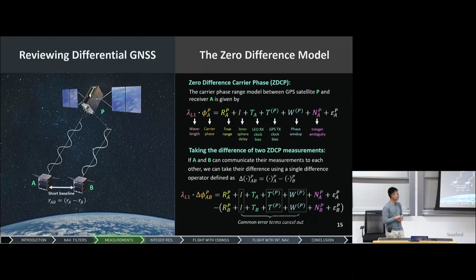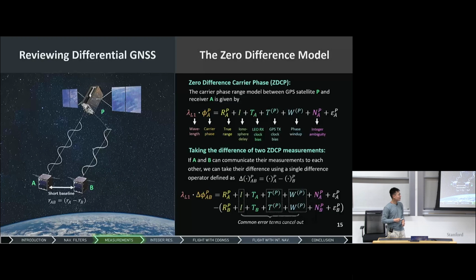So especially if you have a short baseline between A and B, where the signal ray trace goes through the same path along the ionosphere. And so what happens is, you realize that the ionosphere, more or less over the same locality, provides a kind of similar delay onto the measurements of whatever A is receiving and whatever carrier phase measurements B is receiving.